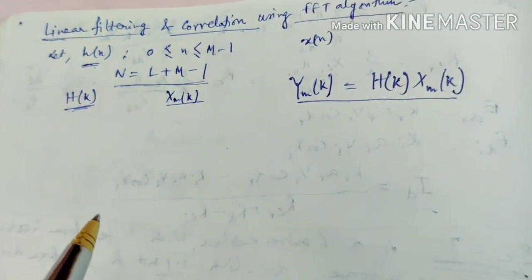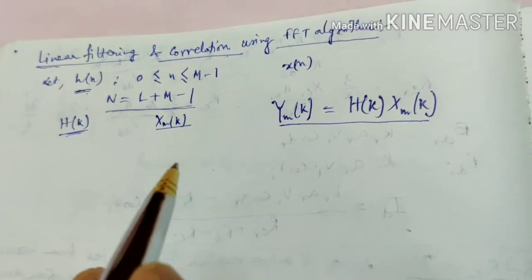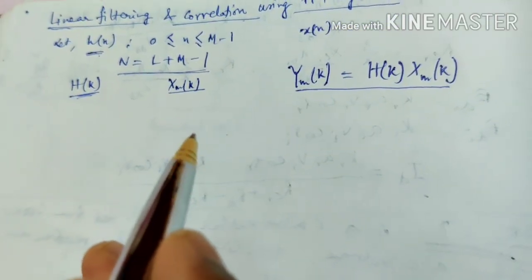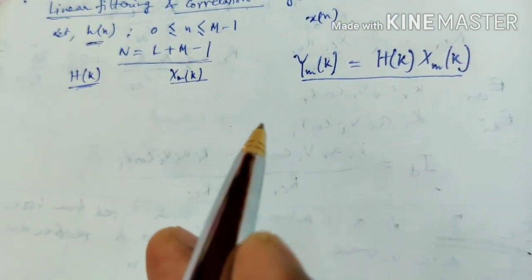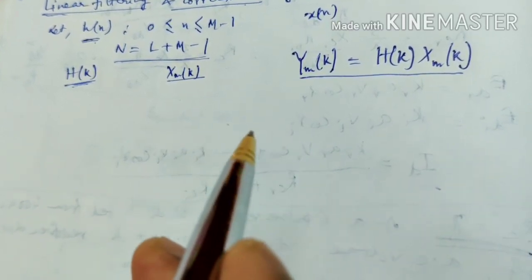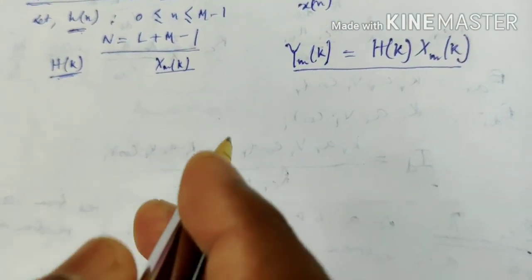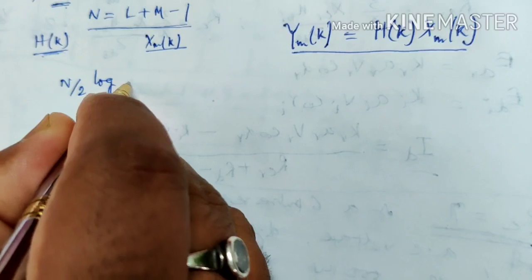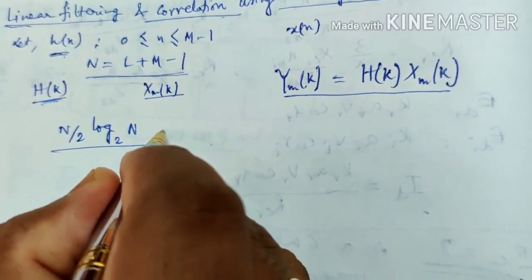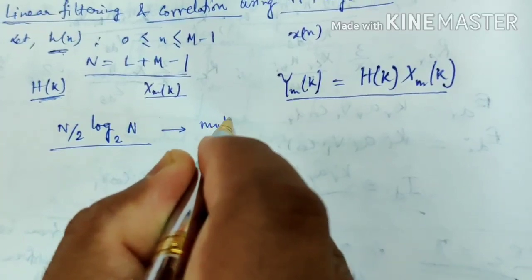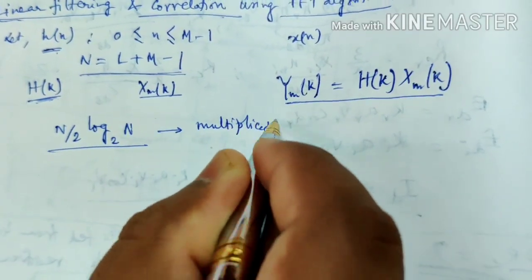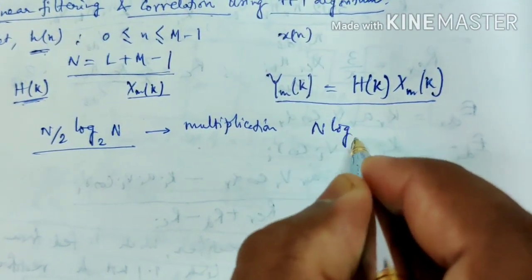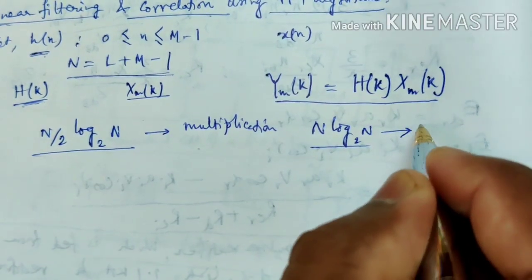Let us assess the computational complexity of FFT methods for linear filtering. For this purpose, the one-time computation of H(k) is insignificant and can be ignored. Each FFT requires N by 2 log base 2 of N complex multiplications and N log base 2 of N additions.